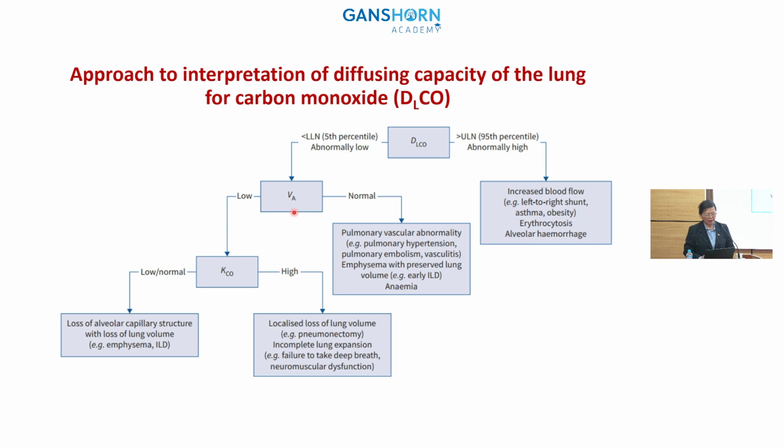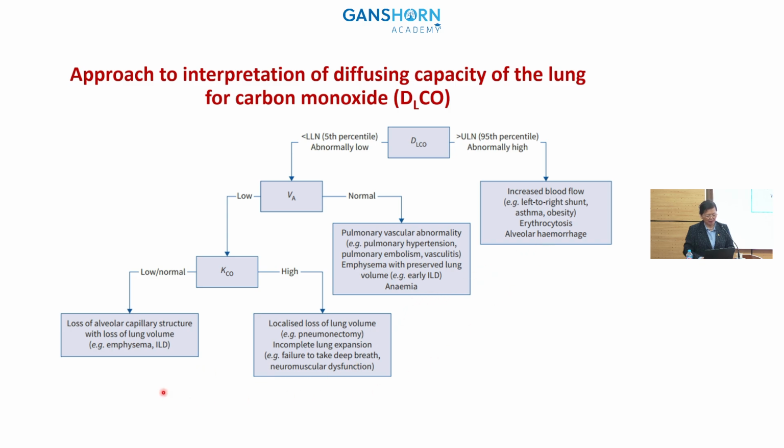So in the result of your test, you should have the alveolar ventilation. If you do not have this, you could not apply this interpretation. And then we go to the transfer coefficient, KCO, and based on the result, we have 4 types.